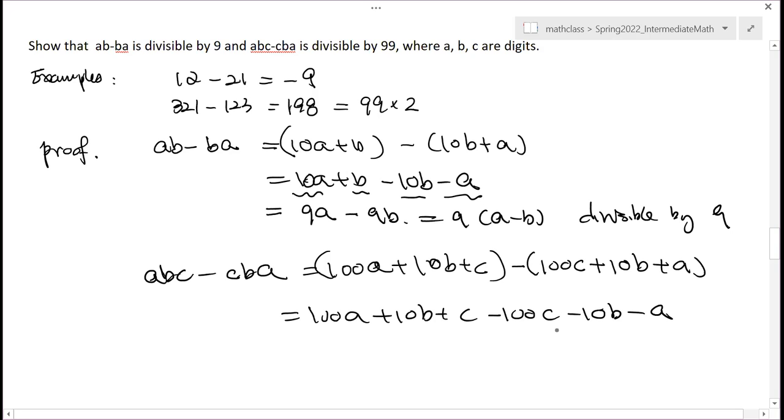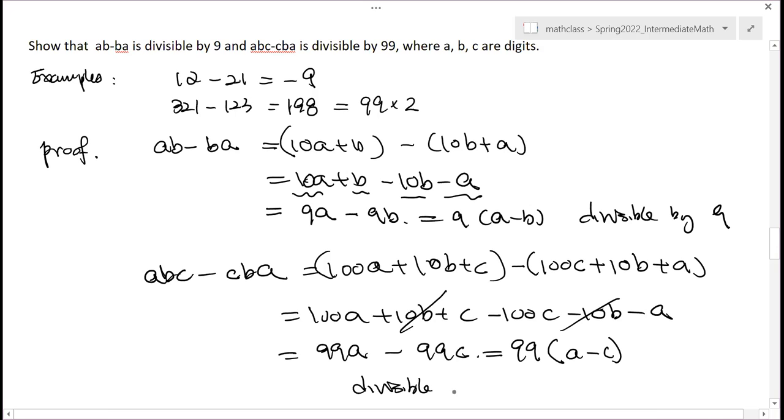So 10B is gone. 100A minus A is 99A. C minus negative C is minus 99C. Okay, so you take 99 out, you get A minus C, and clearly this is divisible by 99. Right? Great. It's always a factor of 99 there.